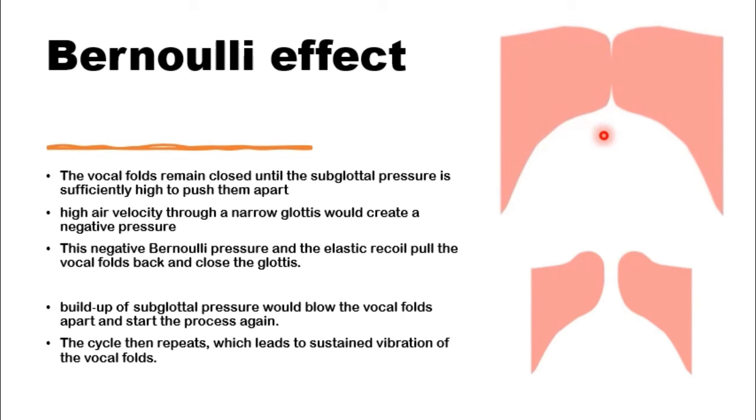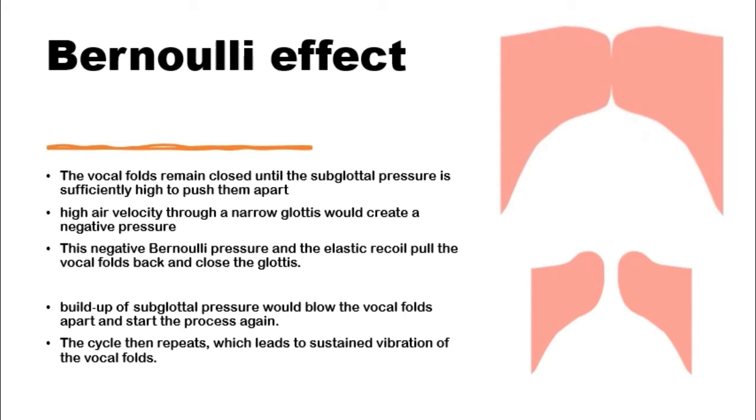Above a certain limit, this pressure is going to drive the vocal folds apart and air would escape, and this would create a stream of air, a jet of air in here with high velocity that is going to create a negative pressure around it, and this would close up the vocal folds again, and a new cycle is going to start with a build-up of the pressure, driving the air after a certain limit of pressure up. This would create the Bernoulli effect again, and the vocal folds would close once more.